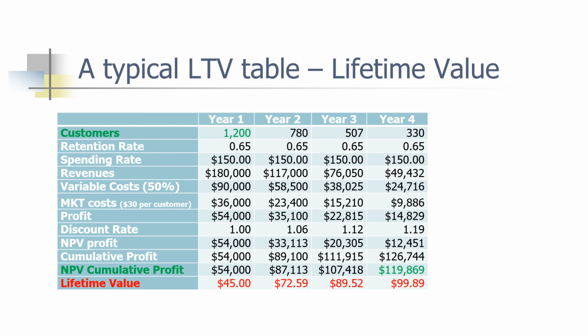So the lifetime value of a customer at this point is $99.89. That means that each of the 1,200 customers that I acquired in year 1, on average, was worth $99.89, or roughly $100 each to me individually.